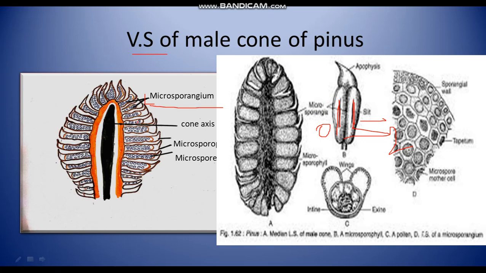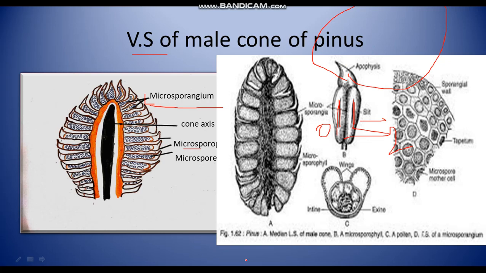Now what about the microsporophyll? Each microsporophyll is a membranous structure. It is a brown color structure. The tip of the microsporophyll which is projected in the upwards direction is called an apophysis.